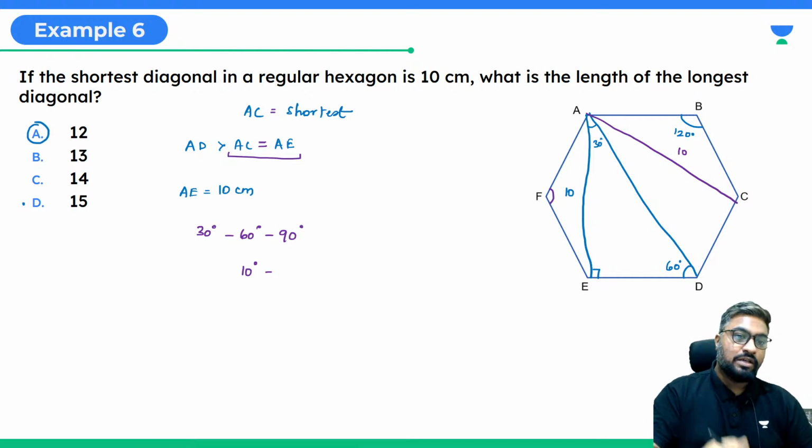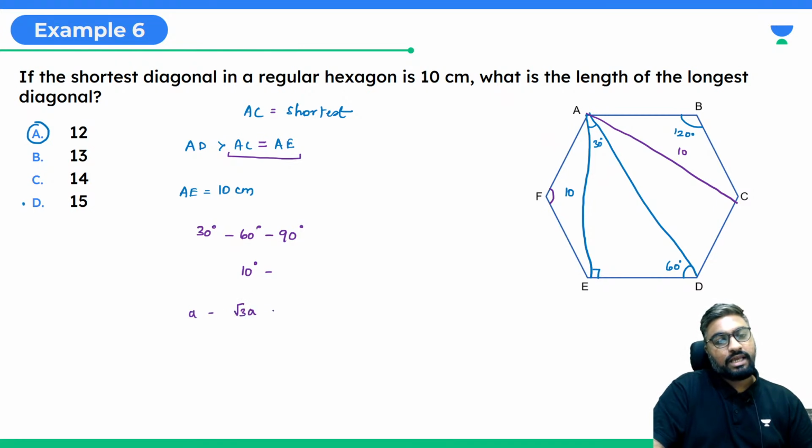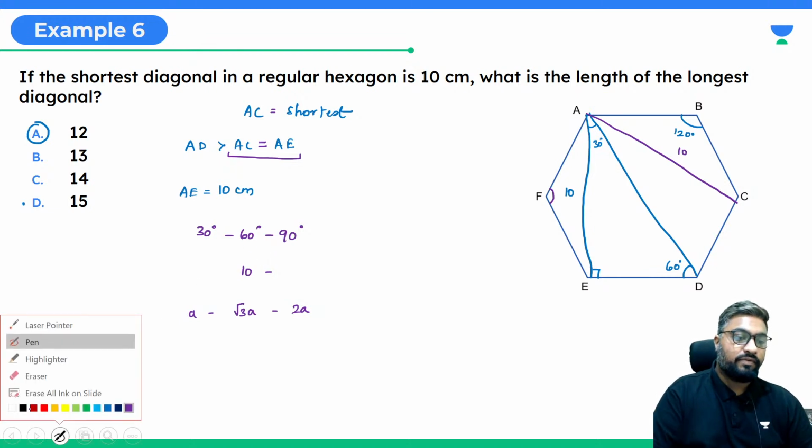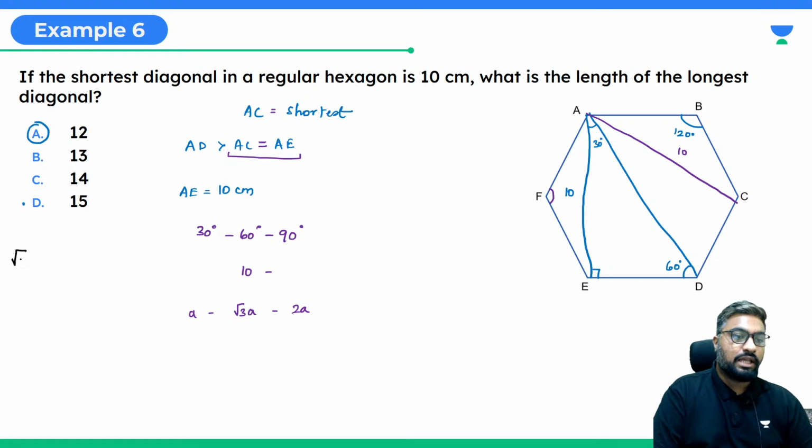Yes guys. So opposite to 60 मतलब क्या? √3a है ना? a, √3a and 2a. तो अगर √3a हमें 10 सेंटीमीटर्स दिया हुआ है, then we need to find out what will be 2 times a.